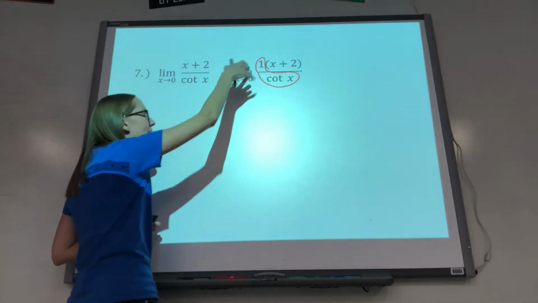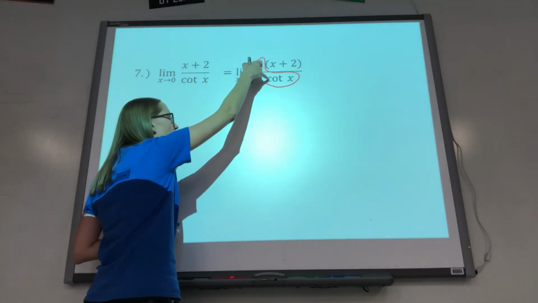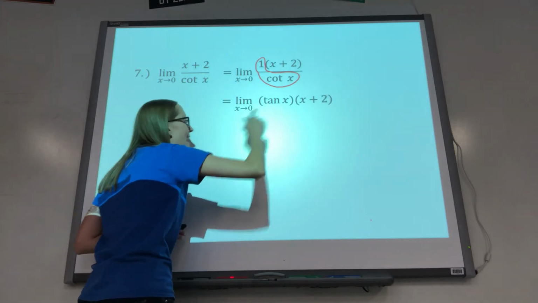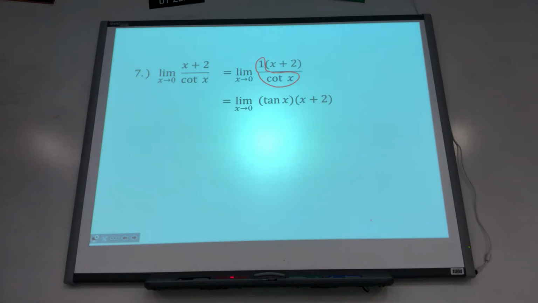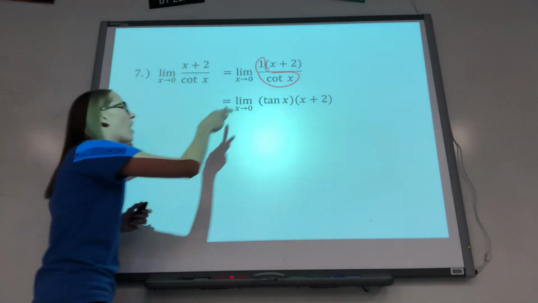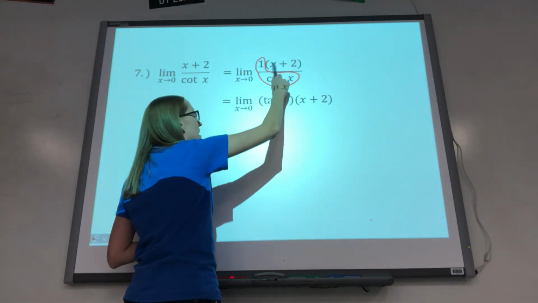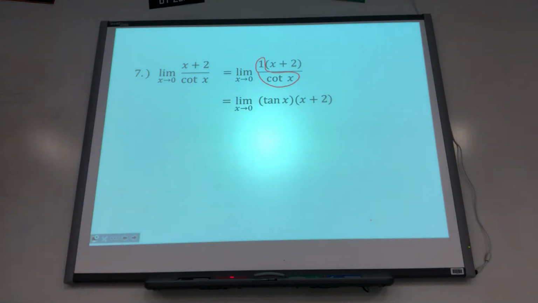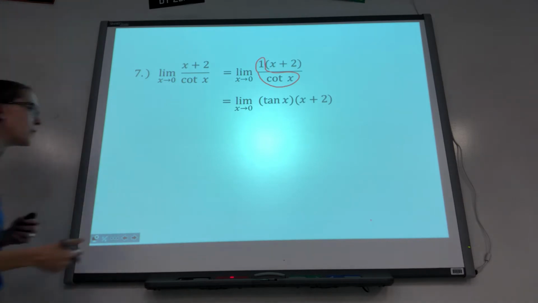Now I can pull out the 1 over cotangent of x, and I can make that tangent of x. And then on the second part here, this is still just x plus 2 on top, so I'm just going to leave that as x plus 2.